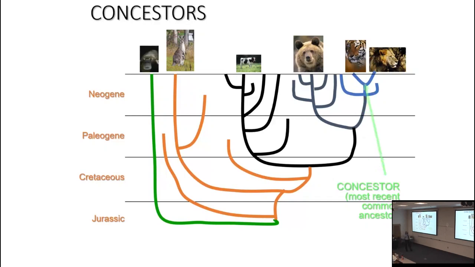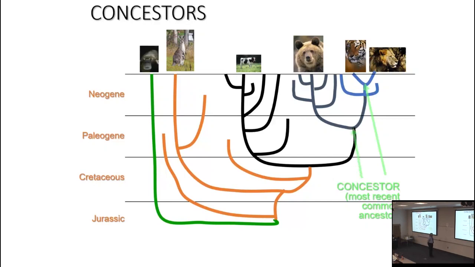So there is the concestor of lions and tigers. Presumably, it would be a cat. In fact, it would be a member of the genus Panthera. It would not be an individual. It would be a population, because organisms descend from populations. We may never find that concestor, but we infer its existence.